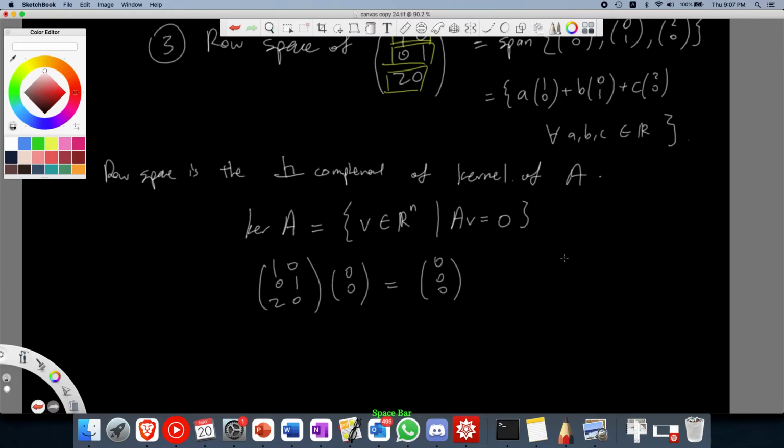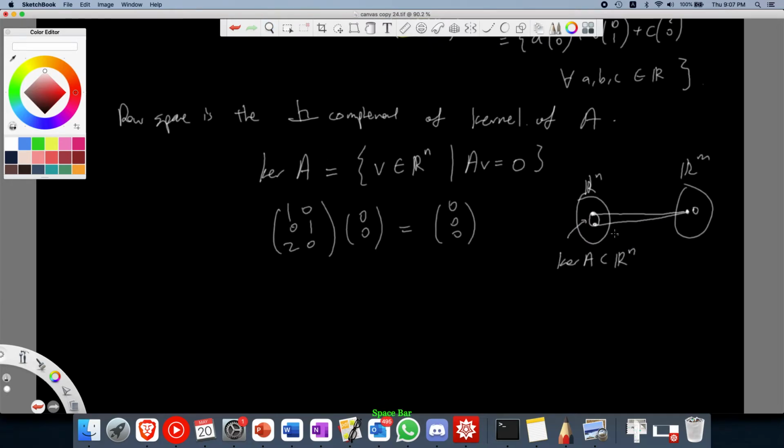So if we think of it as Rn and Rm, there's possibly some set that is mapped to the 0 vector in Rm, and this part we call the kernel, and the kernel lives in the domain. So the row space is the orthogonal complement of the kernel.